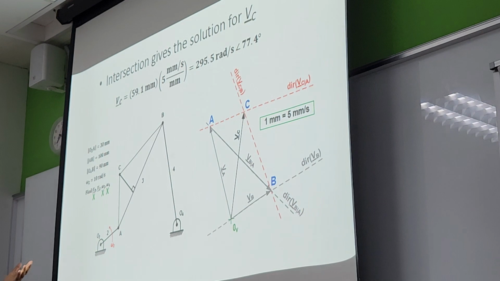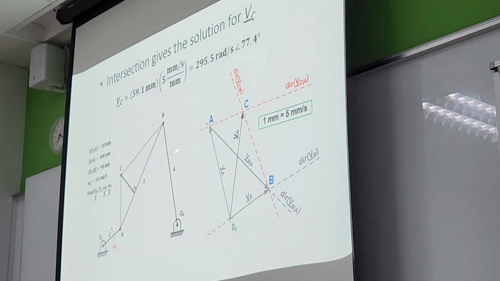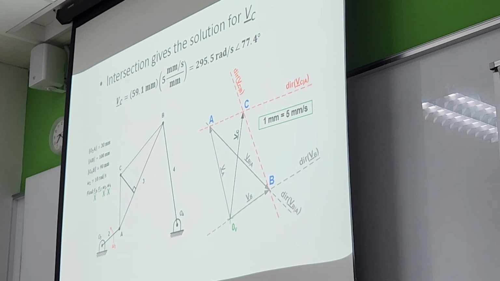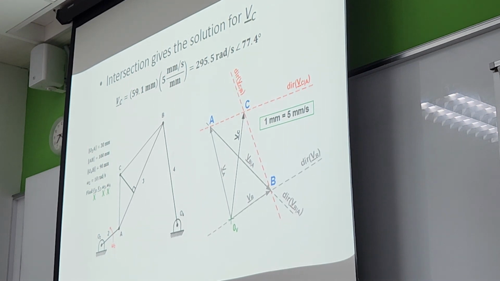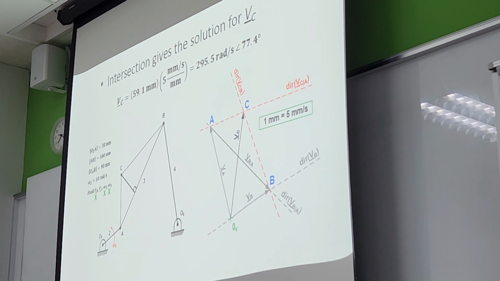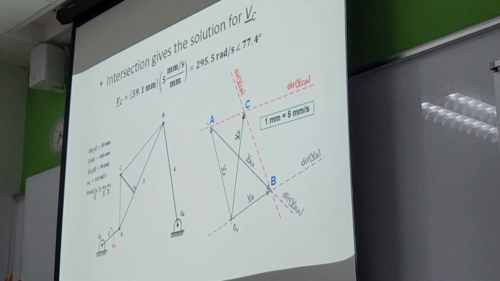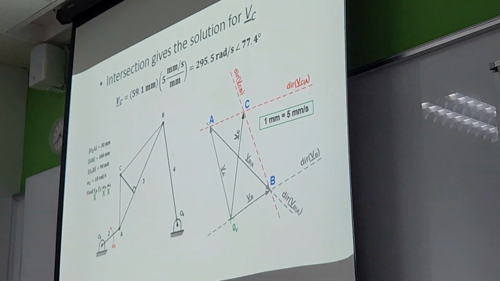Using the velocity image, now any point on the link you can find out the velocities. This is mainly of theoretical interest. This is just to tell you that using velocities, we can draw velocity polygons, and velocity polygons will have resemblance to the links.